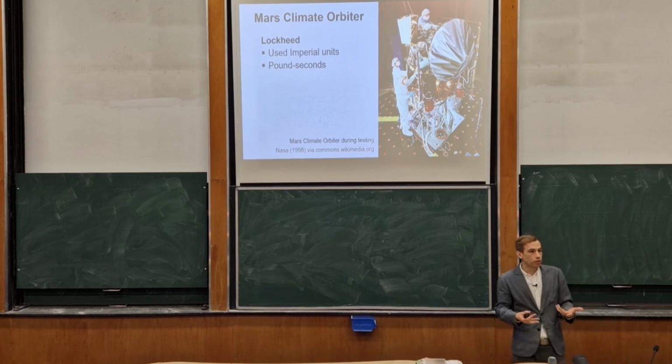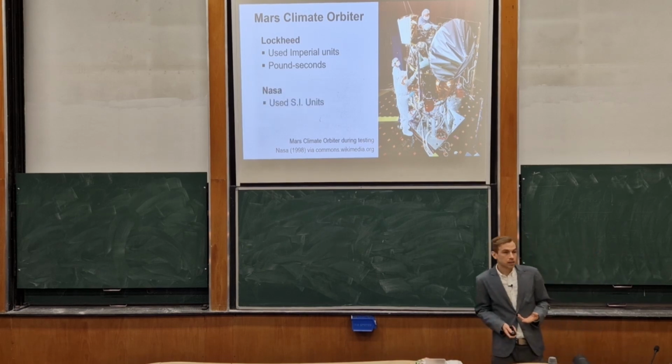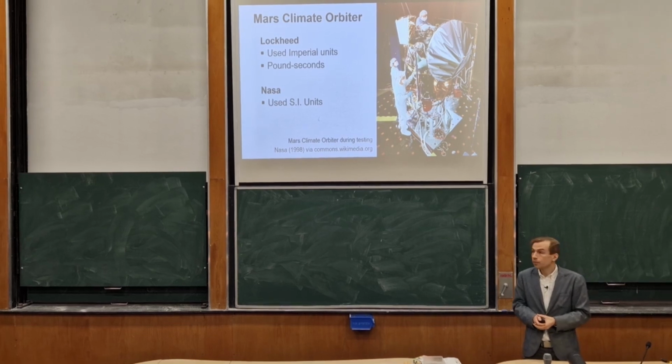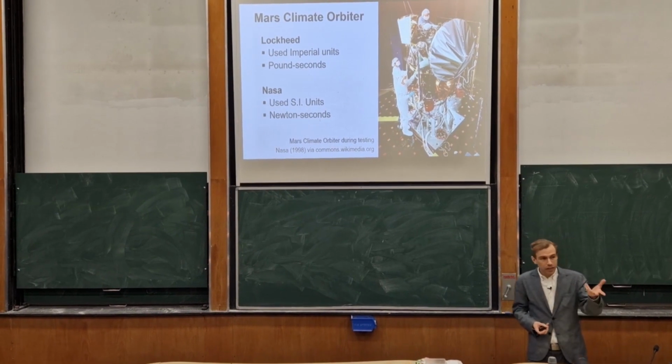But when the spacecraft got to NASA, NASA don't use imperial units, they use SI units. We're going to learn what these SI units and imperial units are. But the SI equivalent for the same thing is Newton seconds. And they're different by more than a factor of 2.